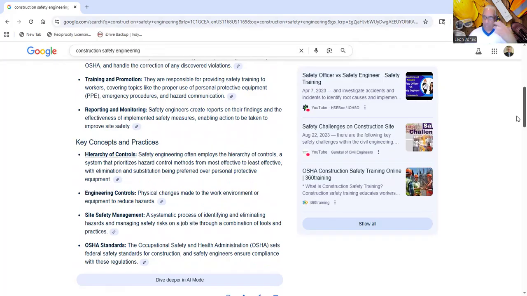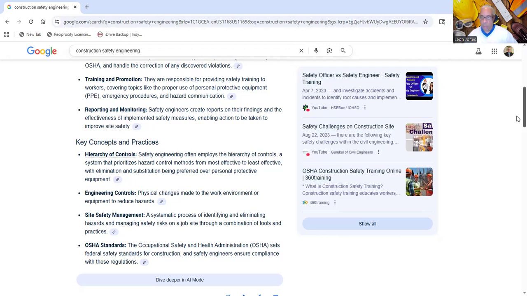When we deal with site safety management, we're dealing with a systematic process of identifying and eliminating hazards and managing safety risks on a job through a combination of tools and practices. Now, we do maintain records.